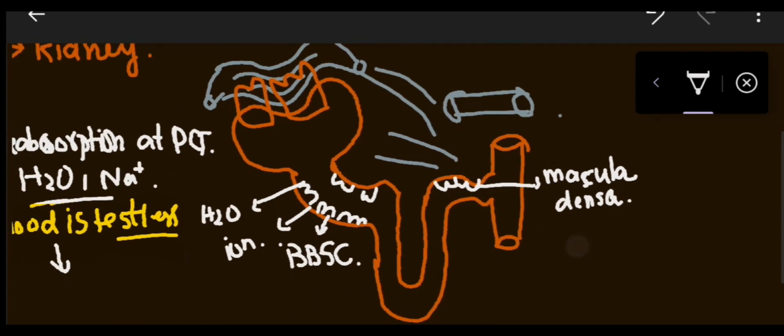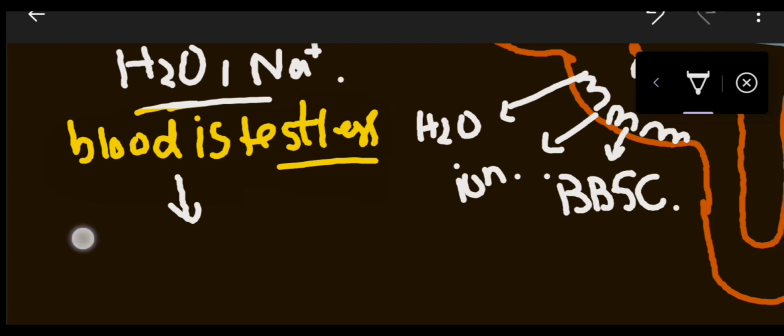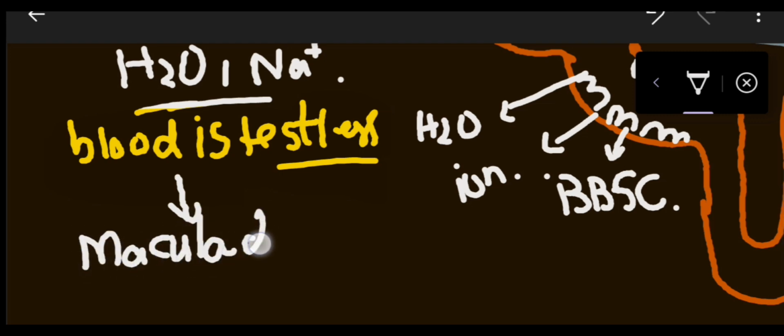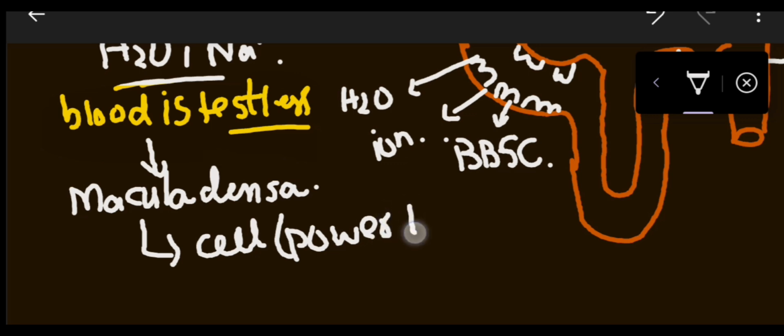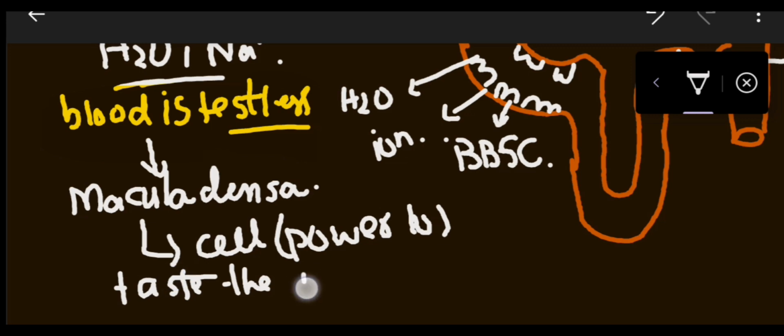Macula densa are cells of the DCT, and these cells have the power to taste the blood.